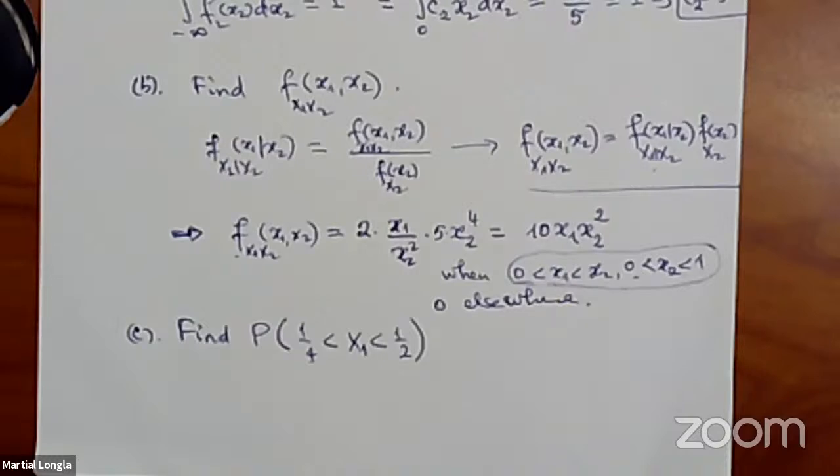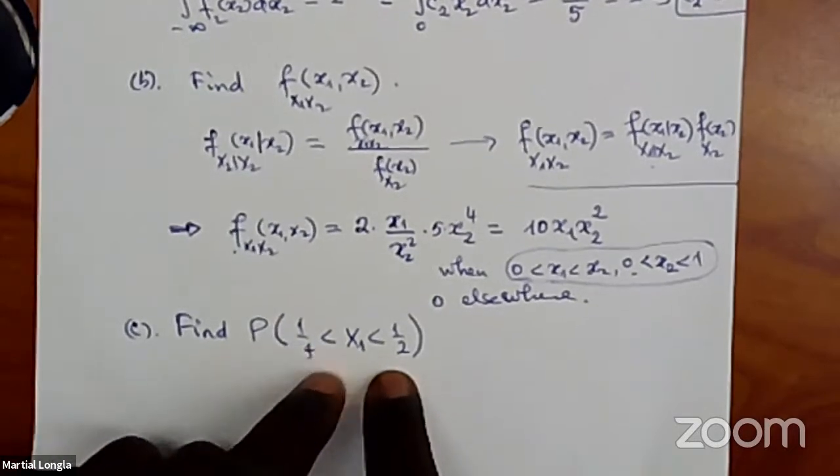Sketch the region. How are you going to compute an integral if you don't even know where the numbers are? If you don't want to find the distribution of x1, then sketch the region.